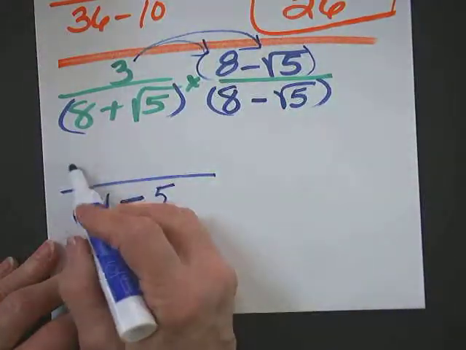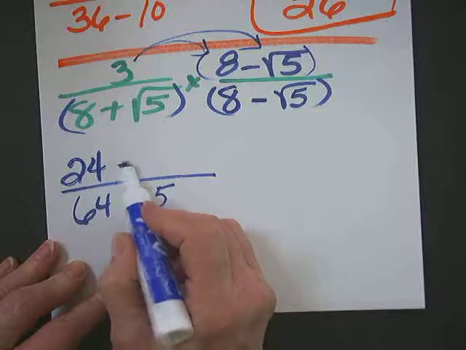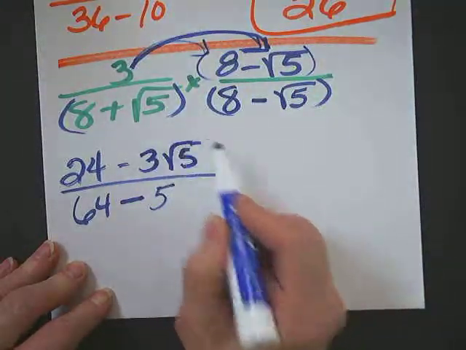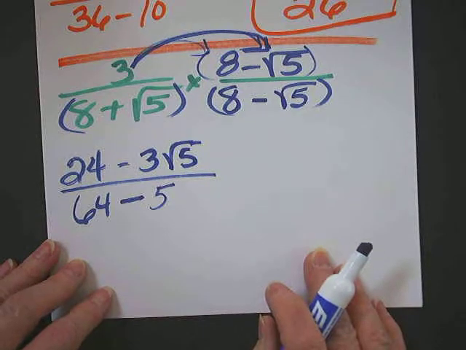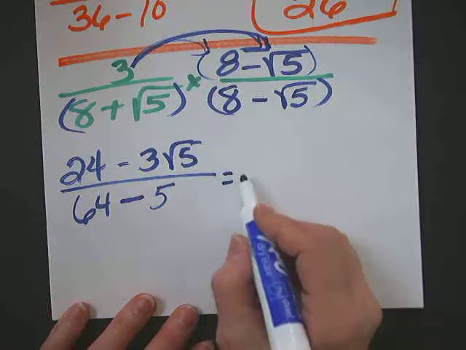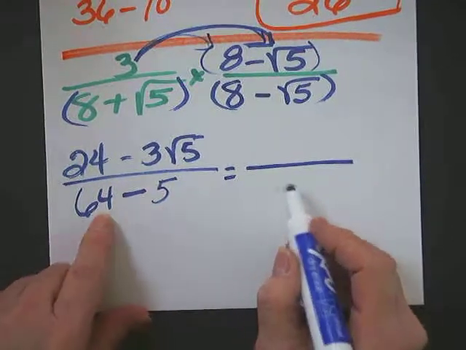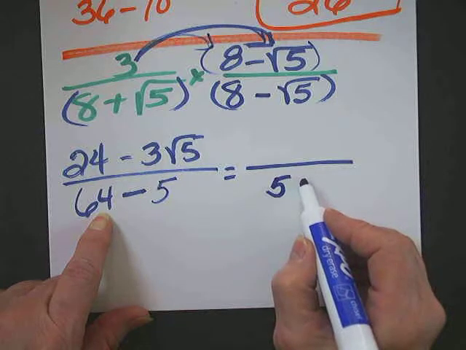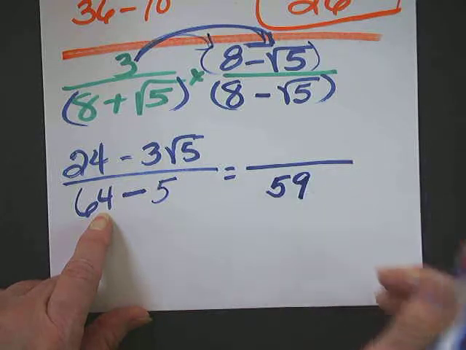The bottom turns into this squared, which is 64, minus, remember it's the difference of the squares. So that squared minus this squared. This squared is what? Square root of 5 times square root of 5 is 5. Right.